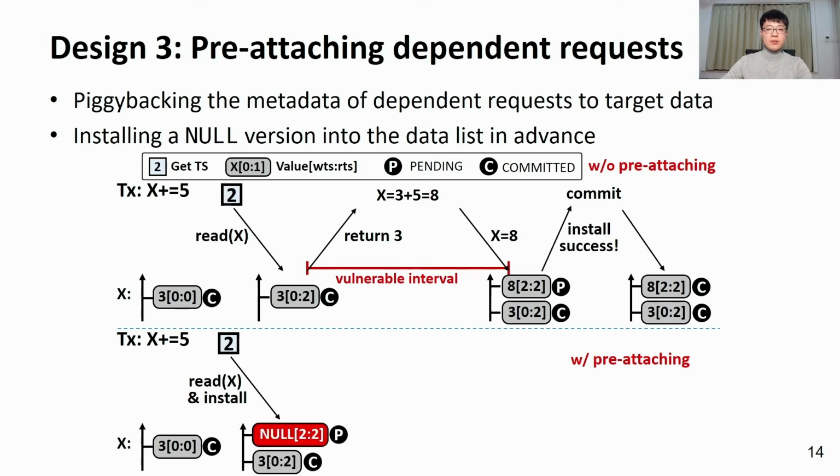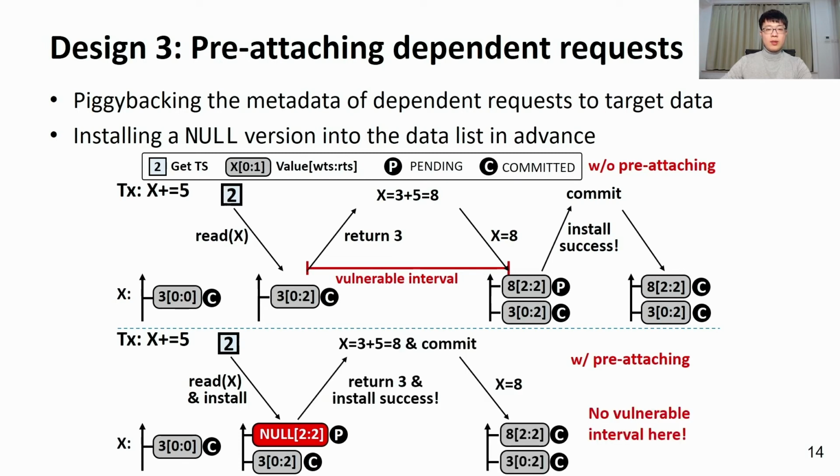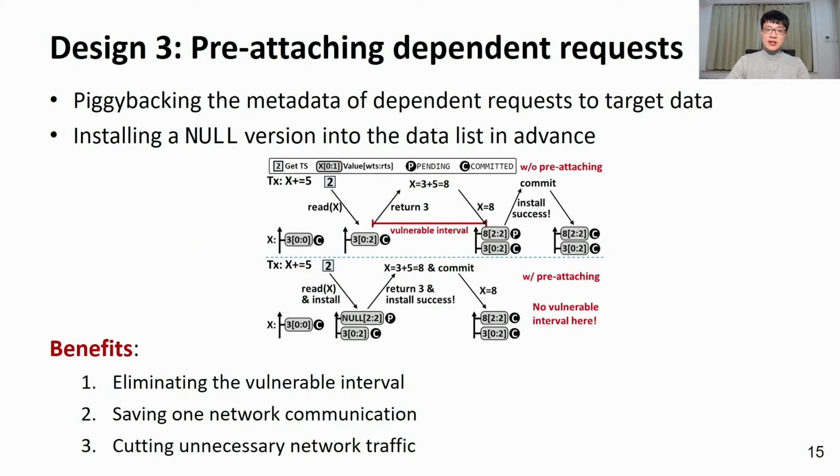Before reading X, the participant will first install a version into the data list, leaving the version's value as null. In the second communication, the participant will fill in the value of this new version. Thanks to the method, Aurogon not only eliminates the vulnerable interval in read-modify-write operations, but also saves one network communication and cuts unnecessary network traffic.